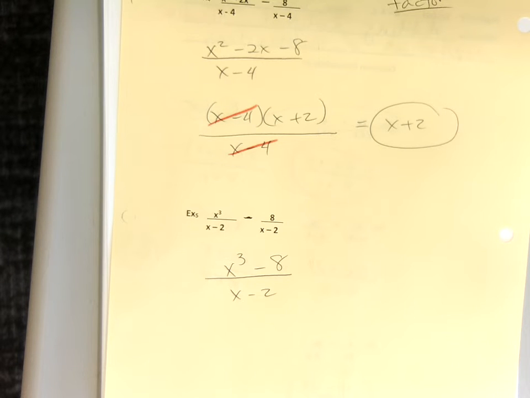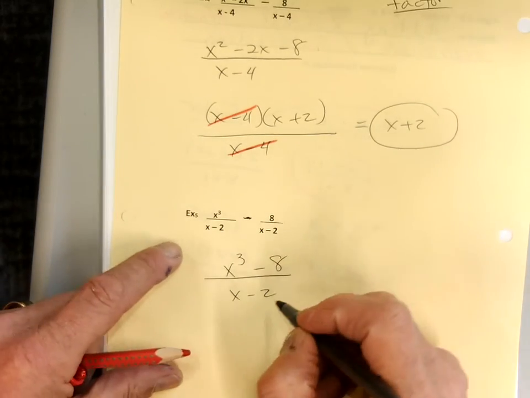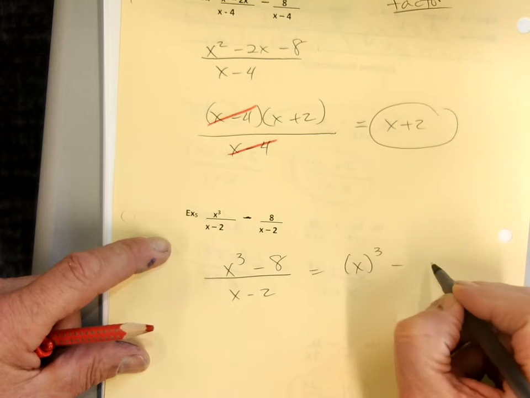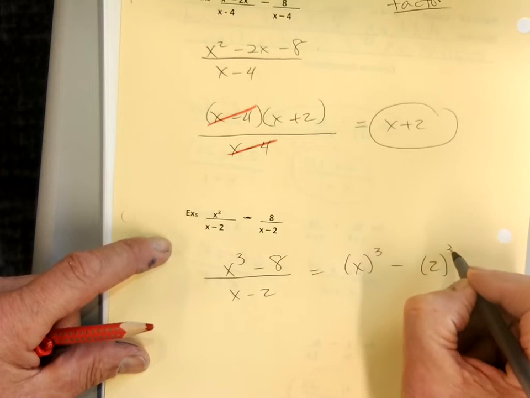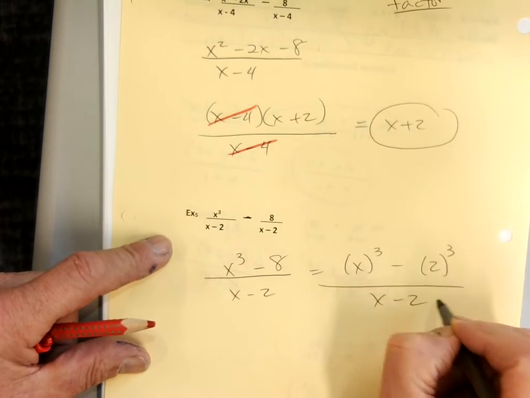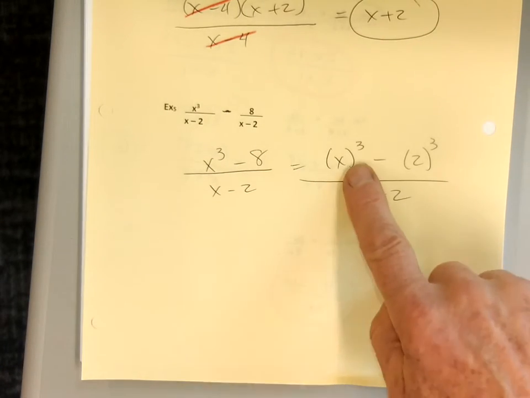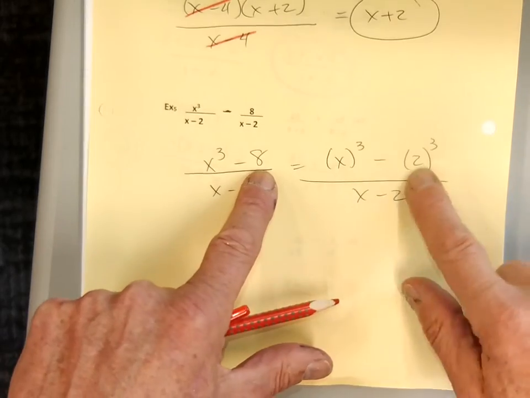I can rewrite this as x cubed minus 2 cubed over x minus 2. It's easy if I write it that way. 8 is 2 cubed.